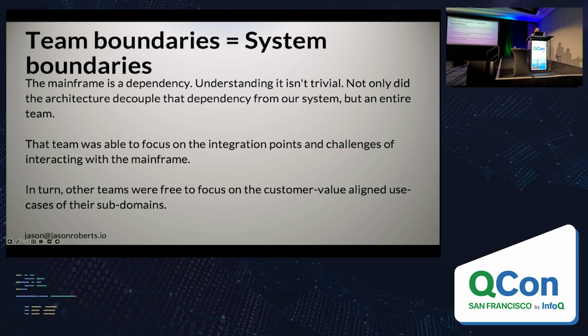So this particular team is able to focus on the integration points and the challenges of integration with the mainframe, while the rest of the teams can focus on customer value aligned use cases in their subdomains without having to worry about the intricate details of how the mainframes work.